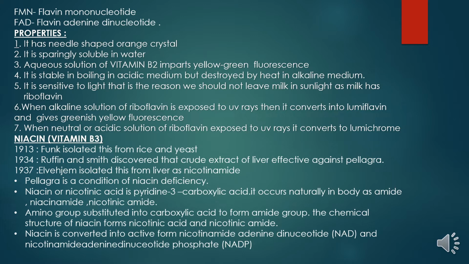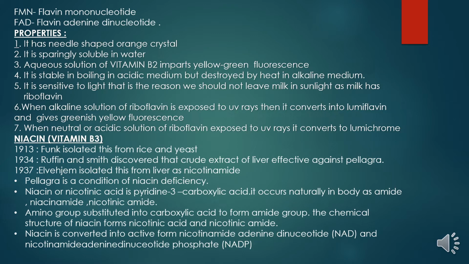What are the properties? It has needle-shaped orange clusters. It was earlier thought to be white, but it is orange. It is sparingly soluble in water. Aqueous solution of vitamin B2 imparts yellow-green fluorescence, and it is stable when boiled in acidic medium but destroyed by heat in alkaline medium. It is sensitive to light.